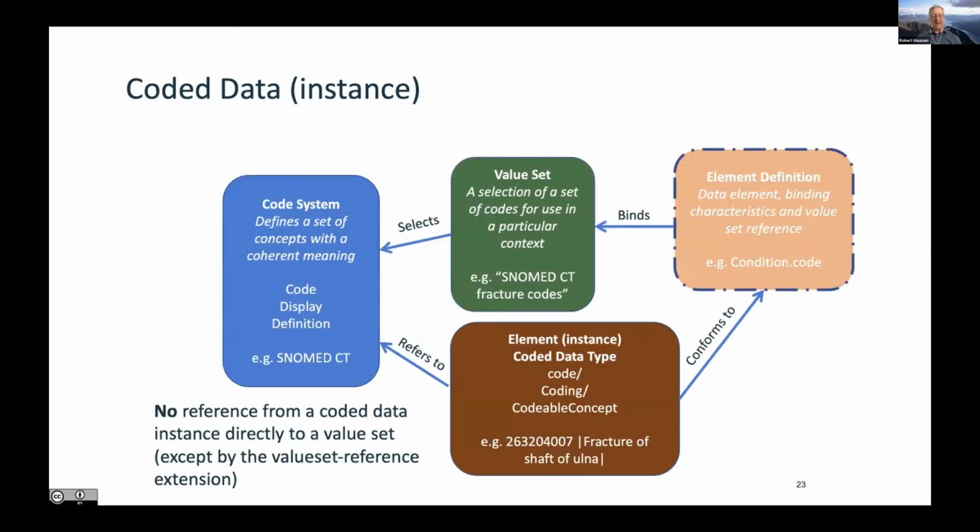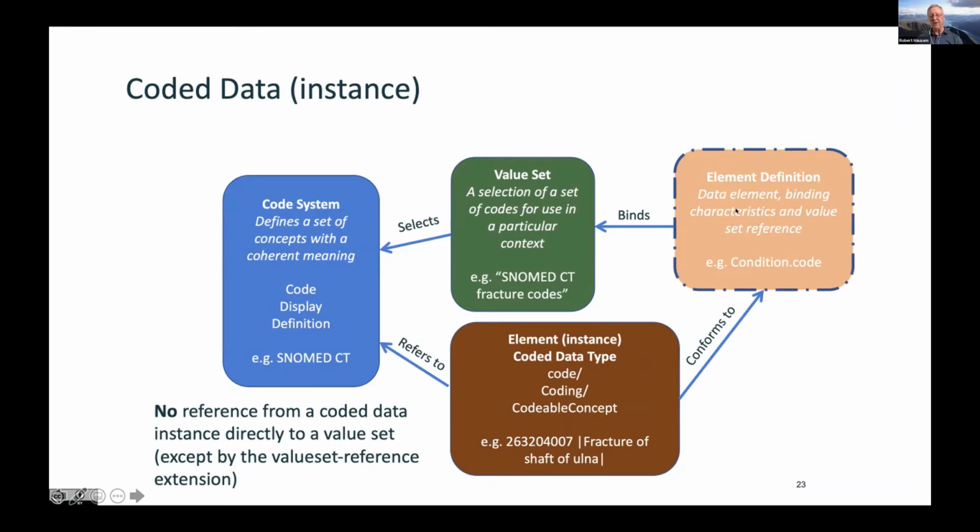And so you put all that together and you have the full diagram. You've already seen all this, so I won't go through the details again, except to mention, when you look at the element instance, this is the actual resource instance in FHIR, and you've got, say, that condition.code that we were talking about, where you're going to put this code in. Basically, that coded data type has to conform to the element definition.